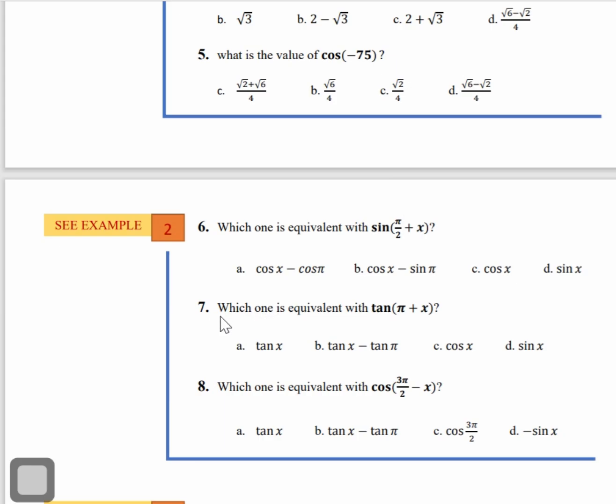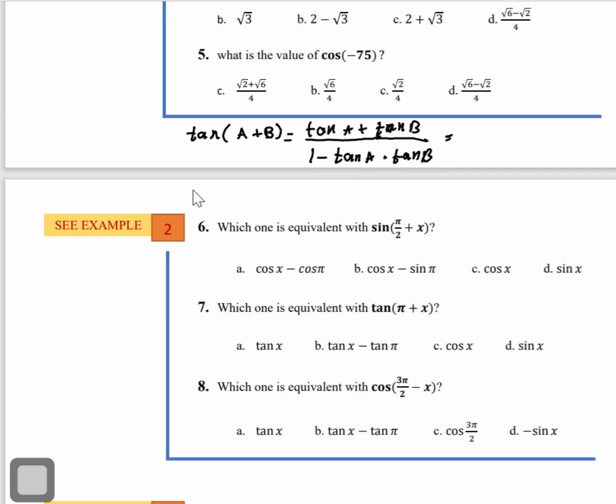For exercise number 7, we have tan of pi plus x. For the rule of tan, we have tan a plus b. You have to memorize these rules in the table. It equals tan a plus tan b over 1 minus tan a multiplied by tan b.